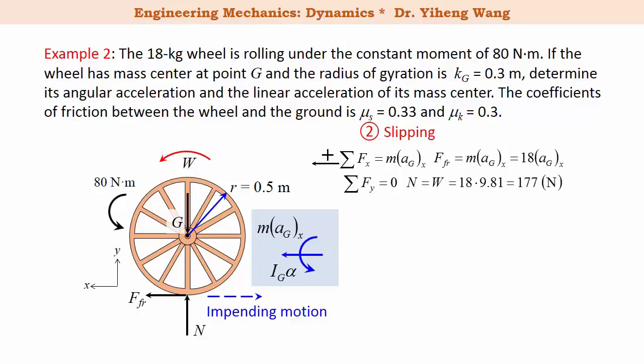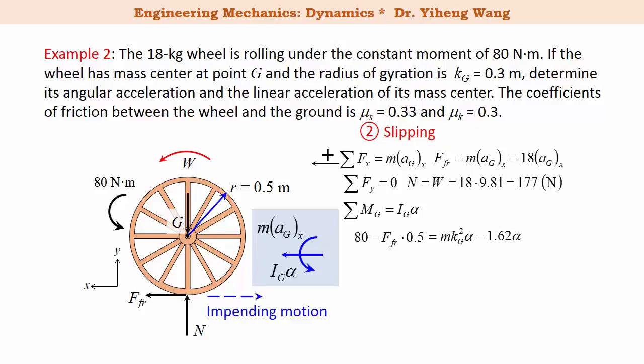So let's just go ahead and use this general equation that the resultant moment summarized about point G equals Ig alpha. Now we have not only the 80 Newton-meter couple moment, but the frictional force also has moment about point G. And Ig is calculated through the radius of gyration again.